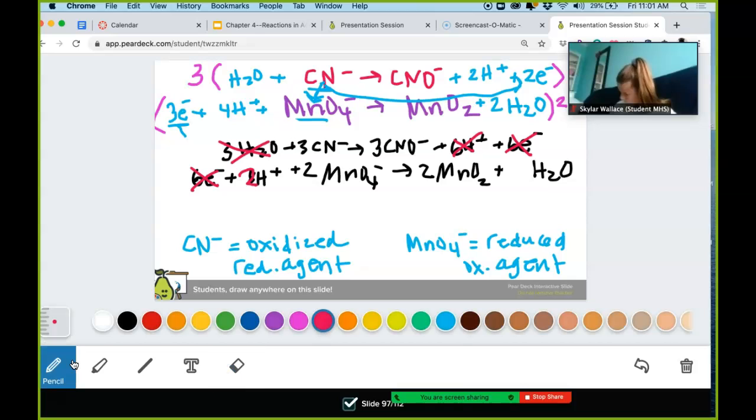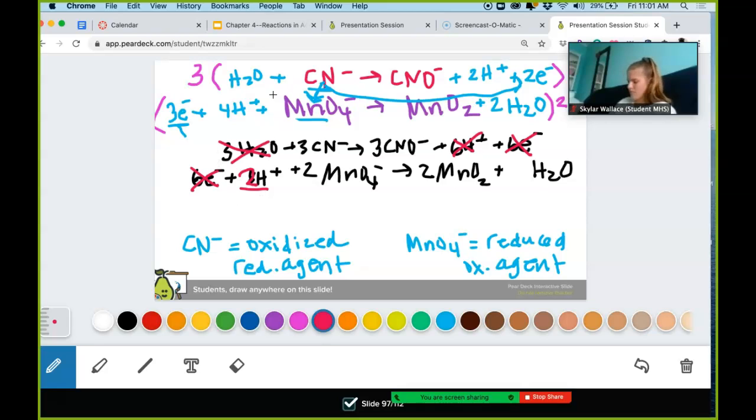Okay, now, nothing I've done so far has been different than any of the other 3 problems that we did. So here's where the difference comes in for this being basic. Listen, listen, listen. If you have a basic solution, you cannot have hydrogen ion floating around in there. Hydrogen ion is what makes something acidic.